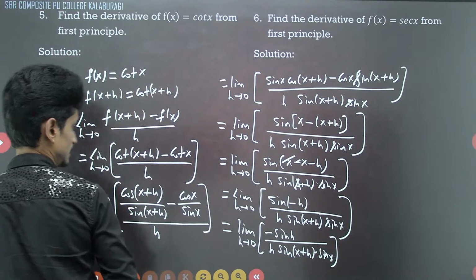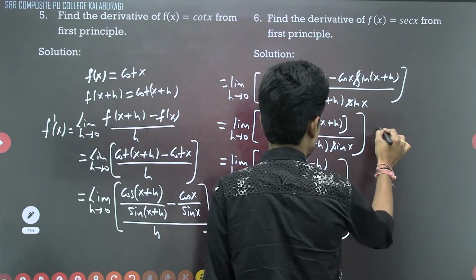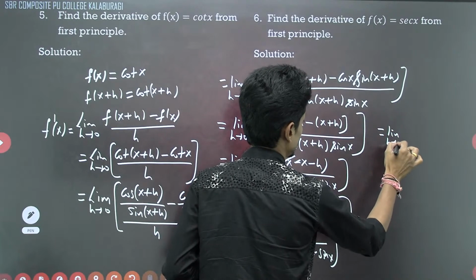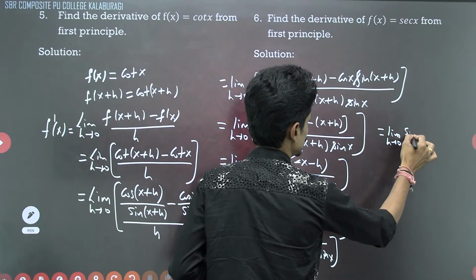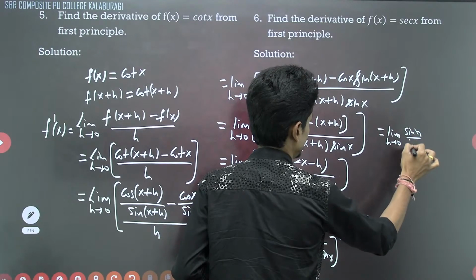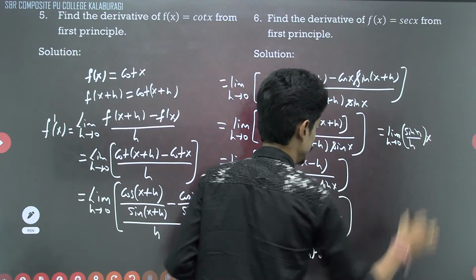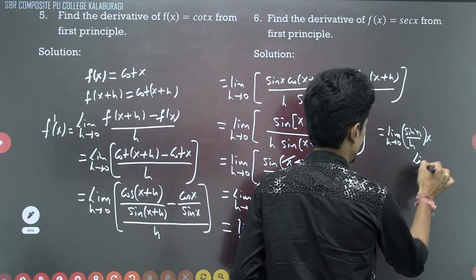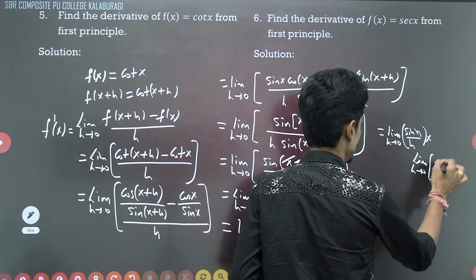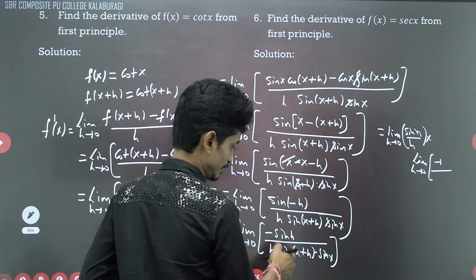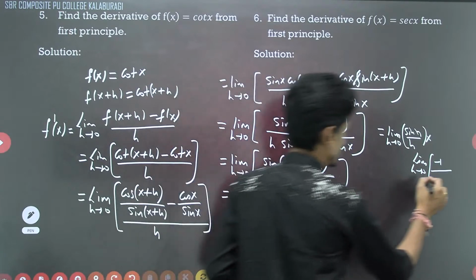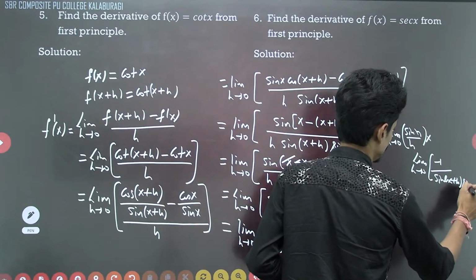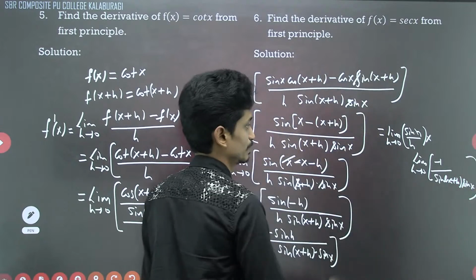So now we can write the limit as h tending to 0 of sin h divided by h in one bracket, into the other side, that is the limit as h tending to 0 of minus 1 divided by sin of x plus h into sin x.